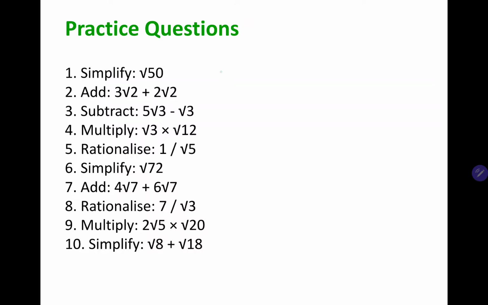You remember, like we said in the examples, the first thing we do is to find the factors of 50, which are what? 25 and 5.